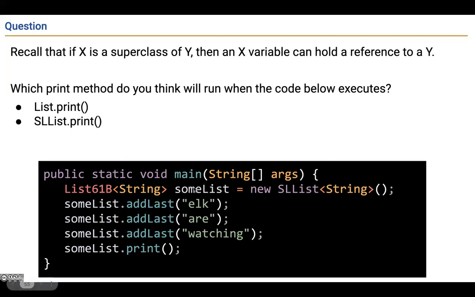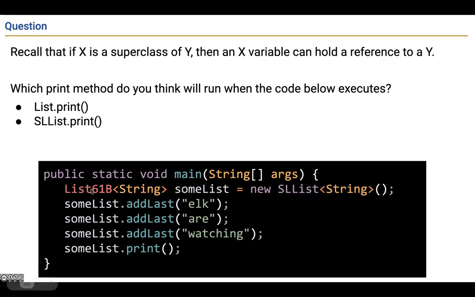And so the question is, I have this variable. It's declared as a List60omb. Then I assign it to an SList. So when I call someList.print, which print method am I actually calling? Am I calling List60omb's default, slow, sometimes general purpose print method? Or am I calling SList's specialized, boss doesn't know what he's doing, SList-specific print method?